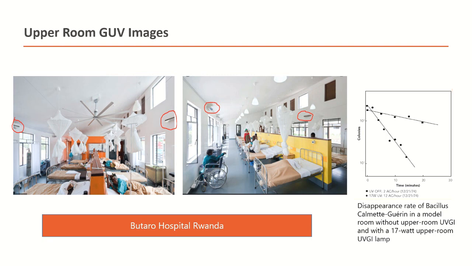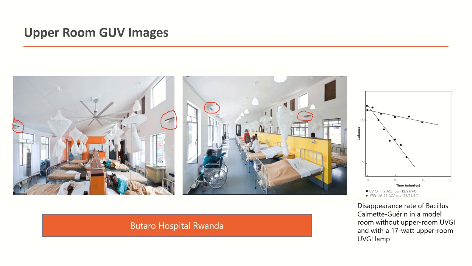Now this type of process is found to be equivalent to nearly 20 or reach up to 20 ACHs, equivalent ACHs. Here we have a small study that was done with UV on and UV off to check the BCG bacteria growth colonies.